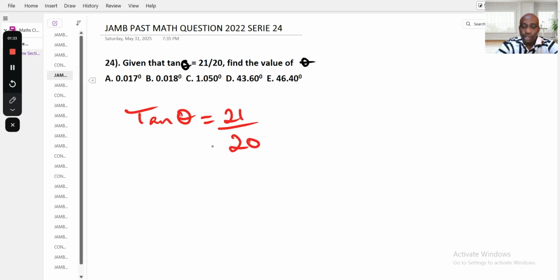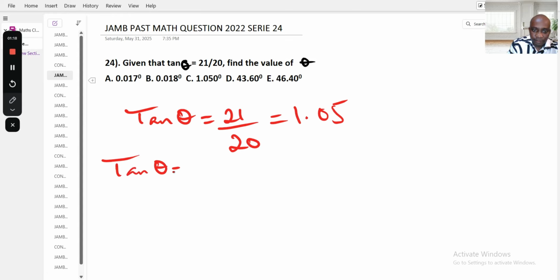Let's use the calculator to divide 21 by 20. It's going to give us 1.05. We are trying to substitute to look for this angle.